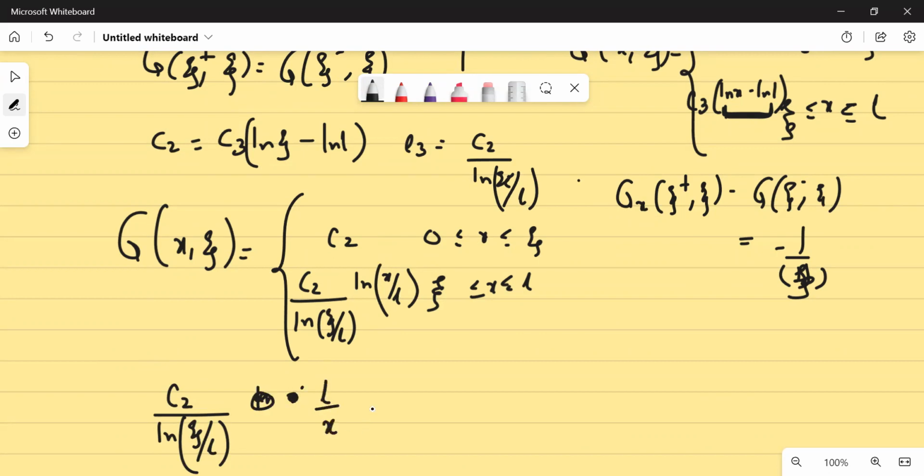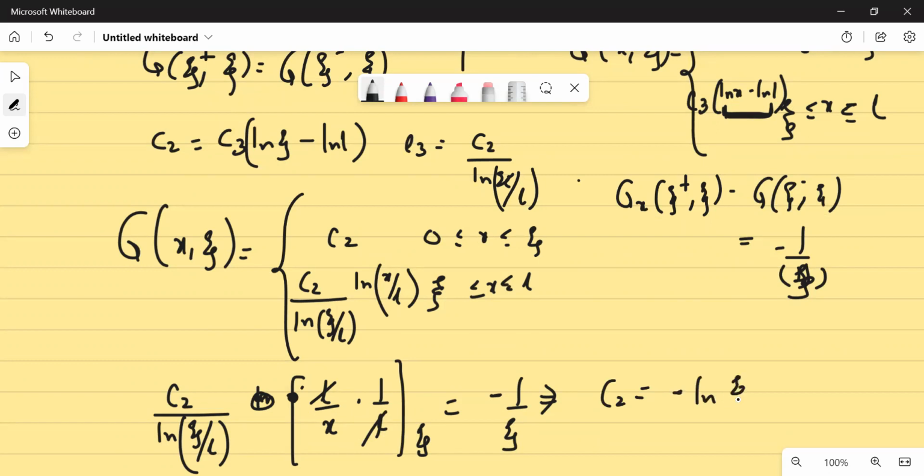Then at x equal to zeta, this equals minus 1 upon zeta. So L gets cancelled here, and minus 1 upon zeta plus 1 upon zeta gives, like this is minus 1. So C2 you will get minus zeta. Is that clear?